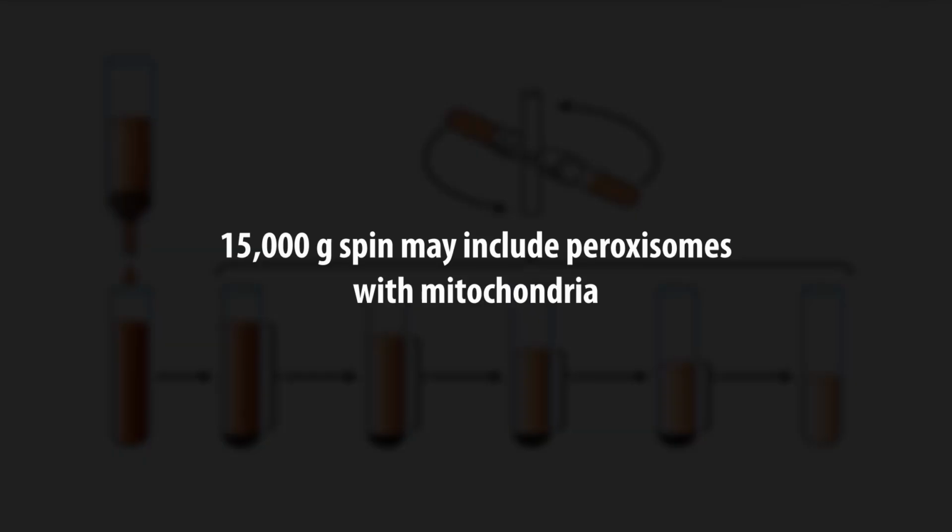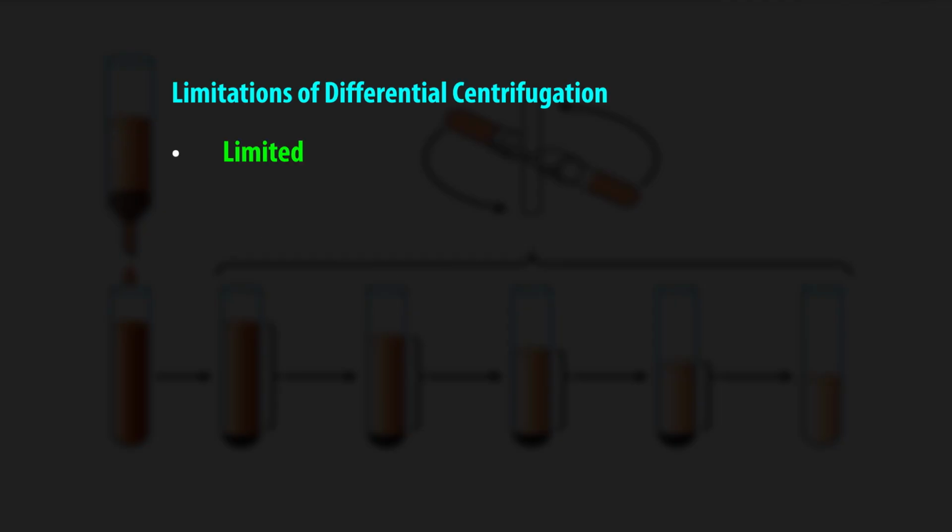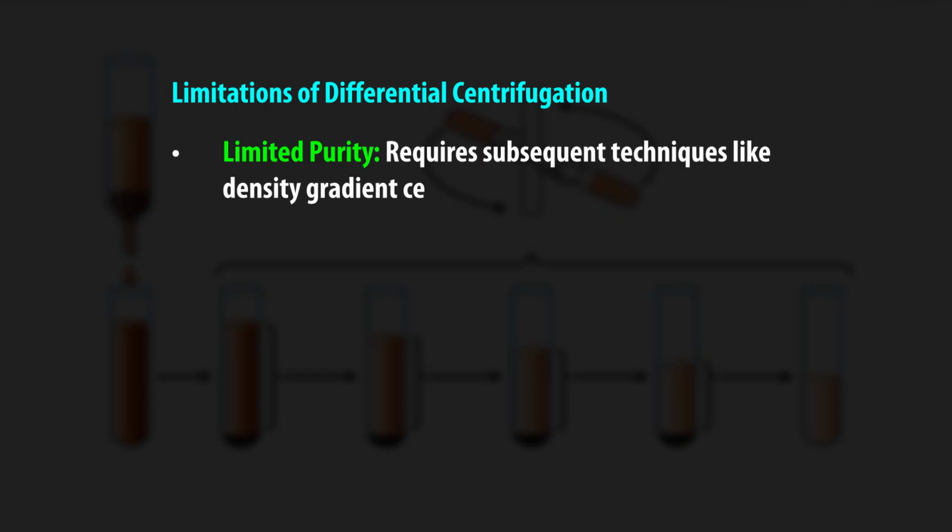Components with similar sedimentation rates, for example, mitochondria and lysosomes, co-pellet, leading to contamination. For example, a 15,000 G spin may include peroxisomes with mitochondria. Limited purity requires subsequent techniques like density gradient centrifugation for refined fractions.